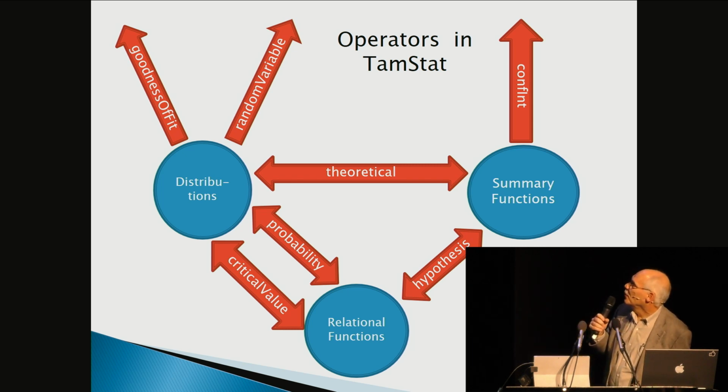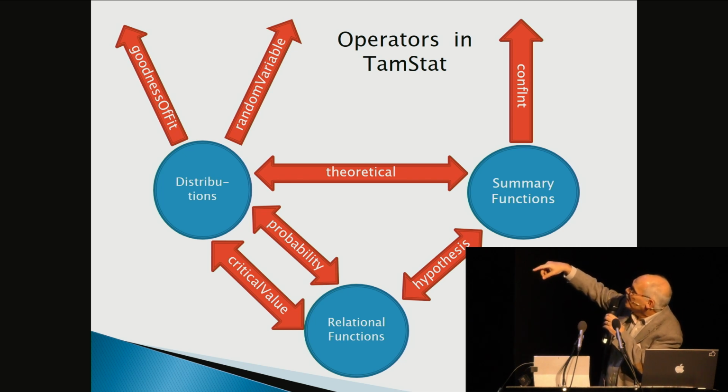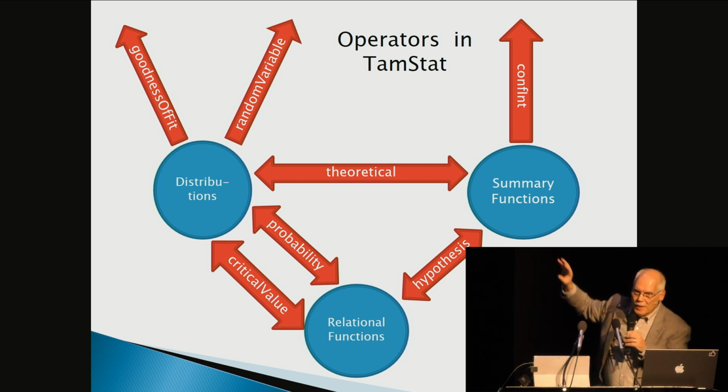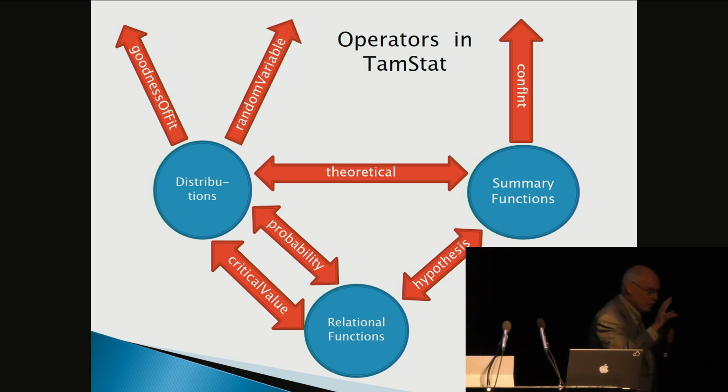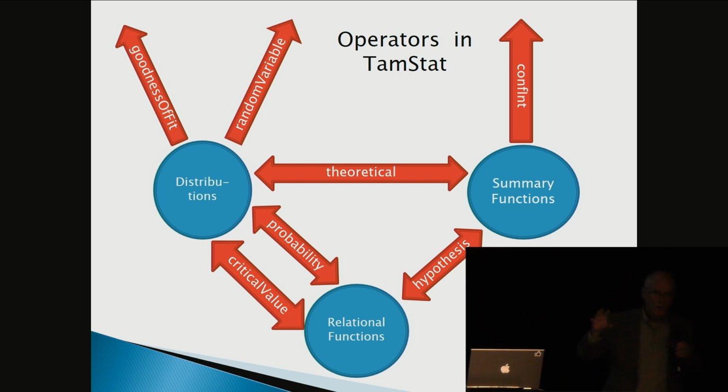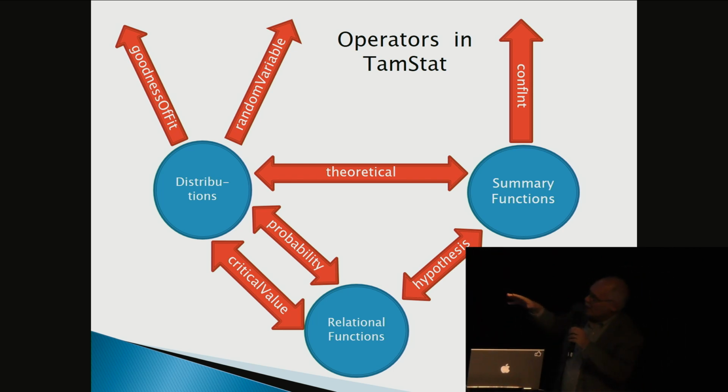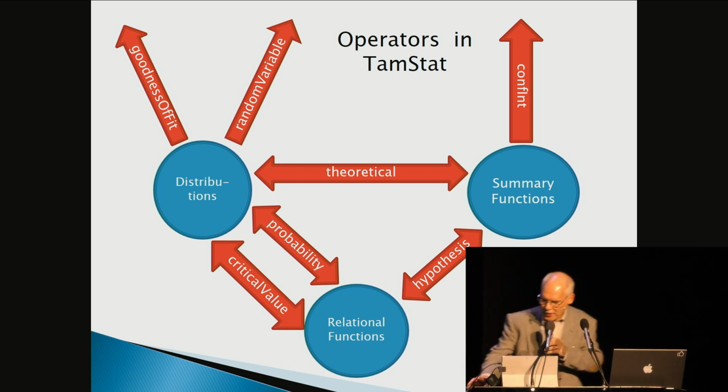And we can also deal with summary functions, and we can deal with hypothesis tests and things like that. And basically, we just take one type of function and tie it together to another type of function using an operator. And so that's really what we're going to be doing here. And so let's see how this works.